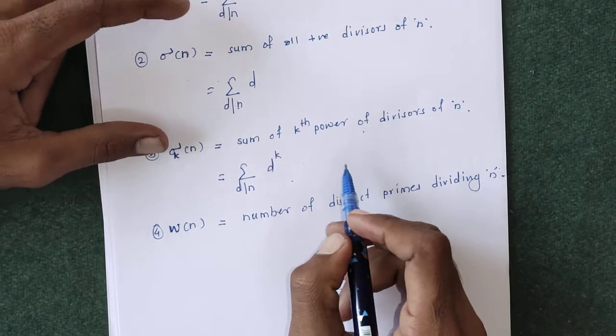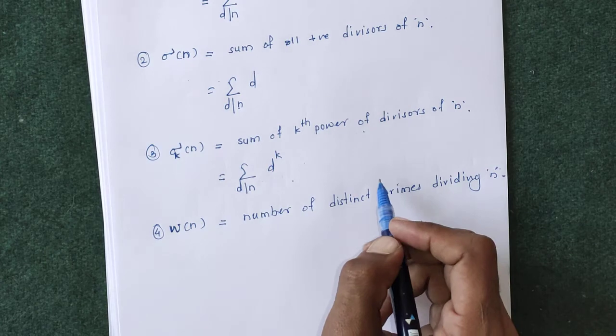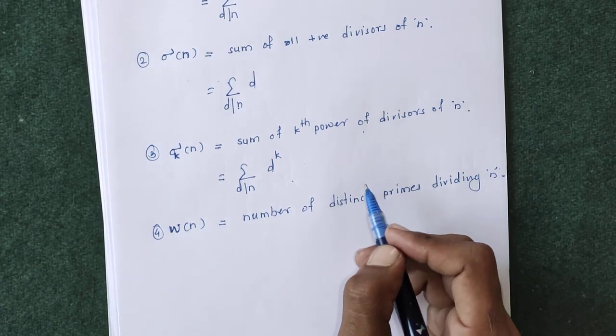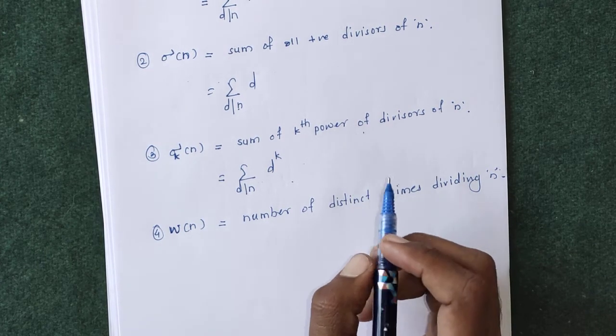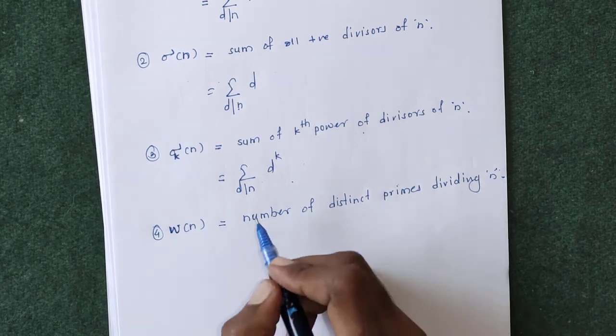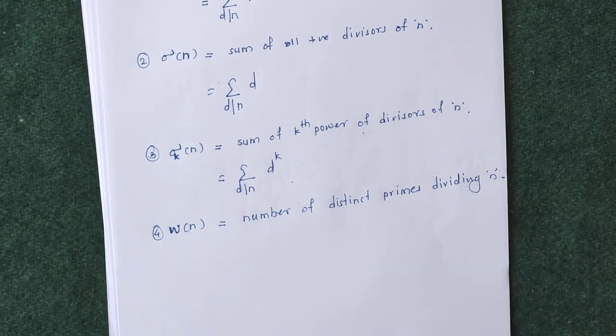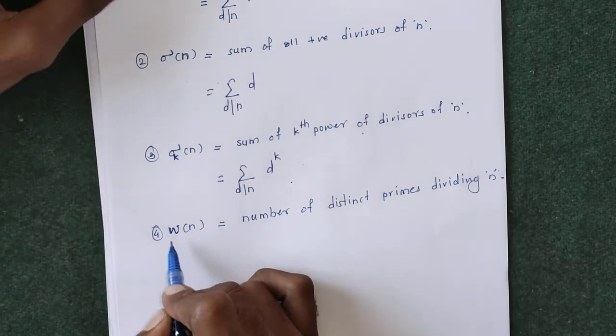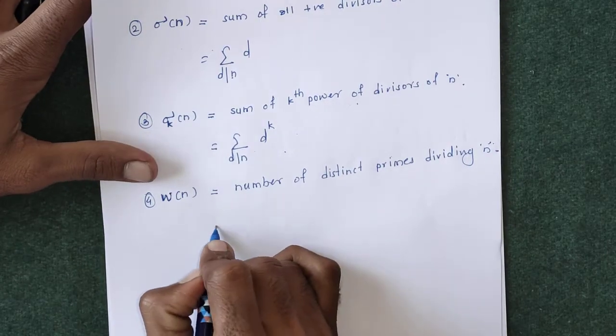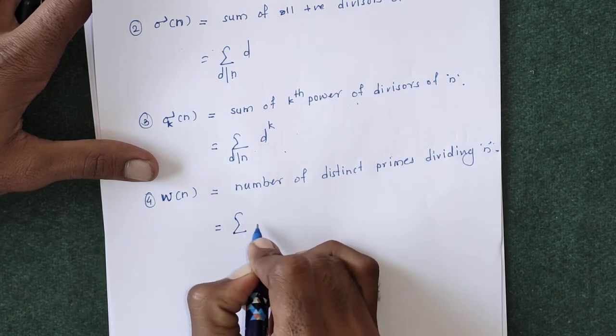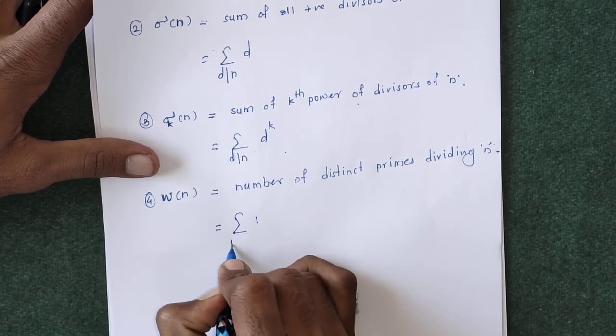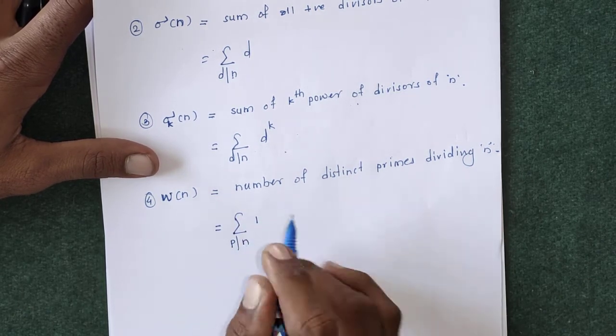Similarly, if you take the same example, n equal to 10, then 2 and 5 are the 2 primes that divide n. So 2 counts as 1 and 5 counts as 1. There are a total of 2 distinct primes dividing 10, so omega of 10 will become 2. This can be seen as the summation of 1 for each prime number which divides n.